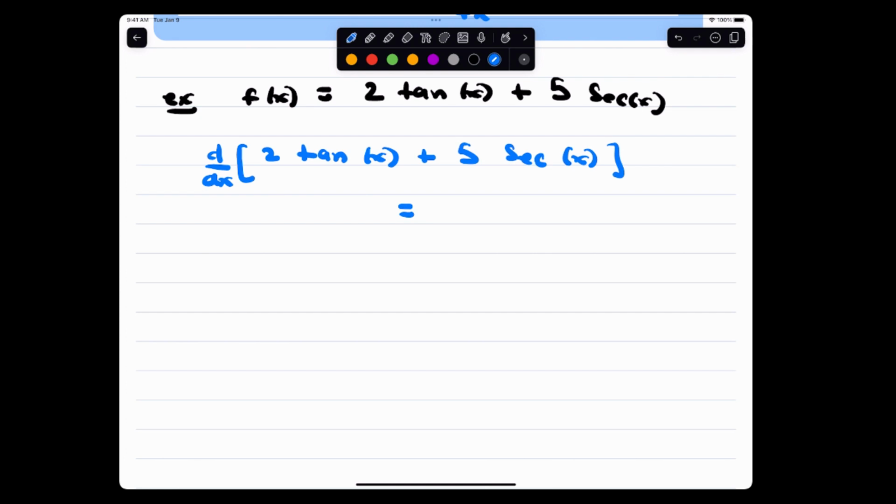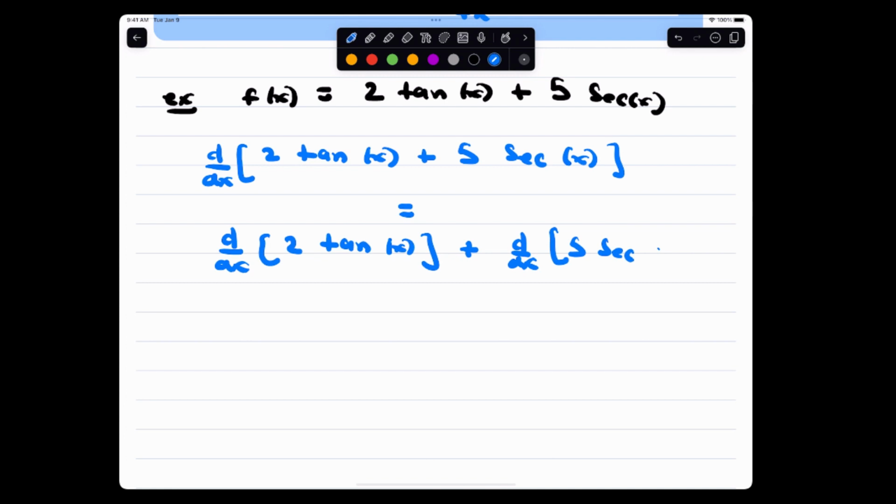So here's every gory detail with operator notation. You can differentiate 2 tangent x plus 5 what? Secant x. And then now what do you guys want to do?